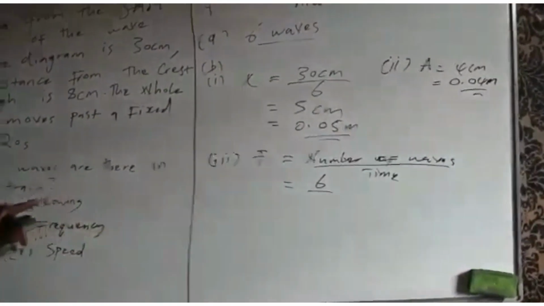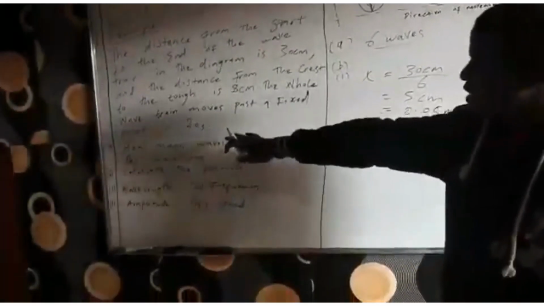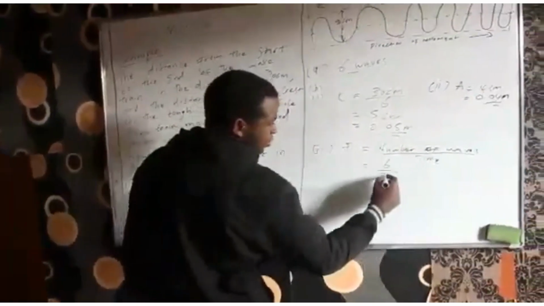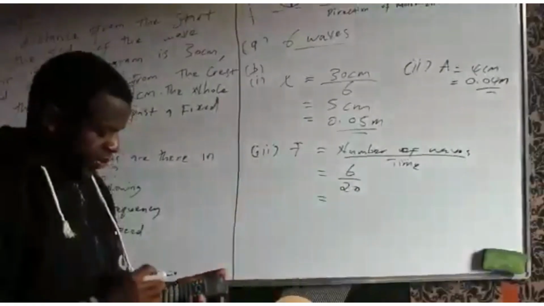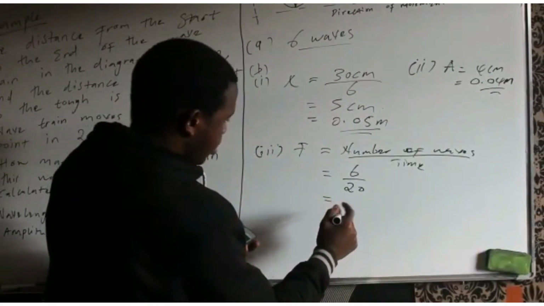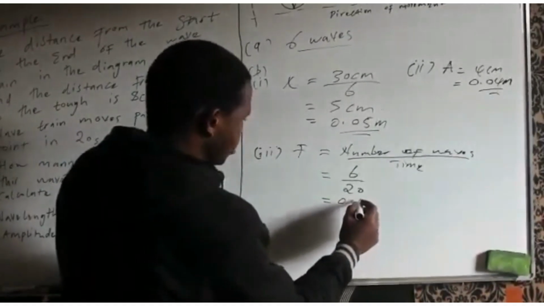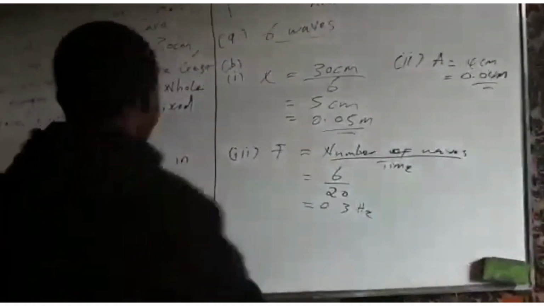The time that the wave train takes. Let us read the question. The whole wave train moves past a fixed point in 20 seconds. So it is 20 seconds. So 6 divided by 20. That's 0.3 hertz.